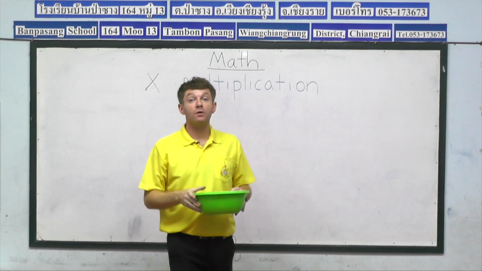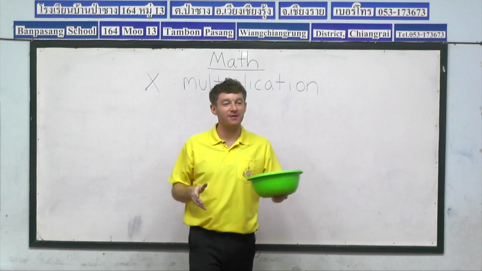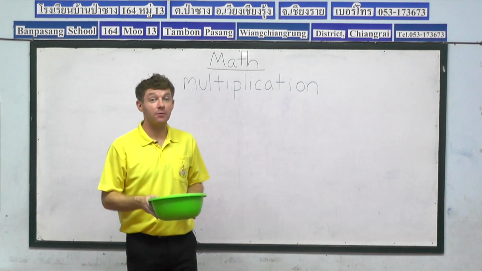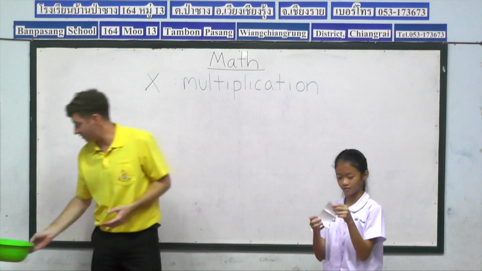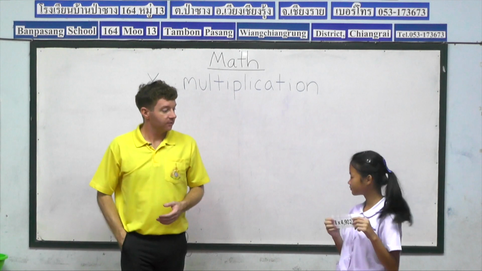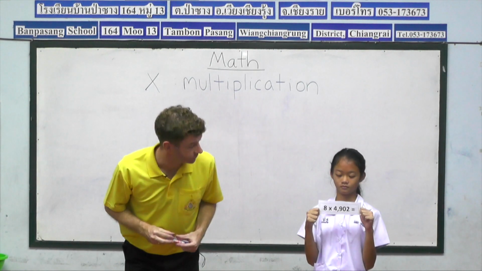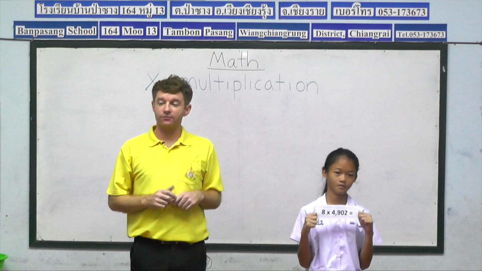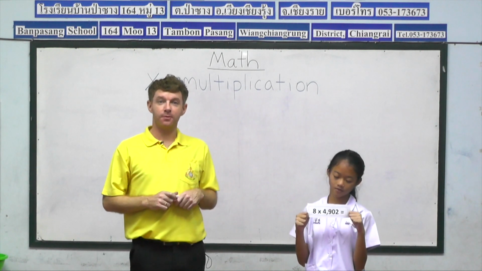So now I would like to invite Down. Come and join me at the front of class, please. It's now Down's turn to choose her multiplication problem and show it to your friends. So guys, we have 8 times 4,902.